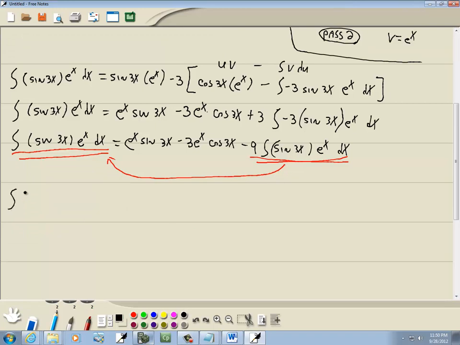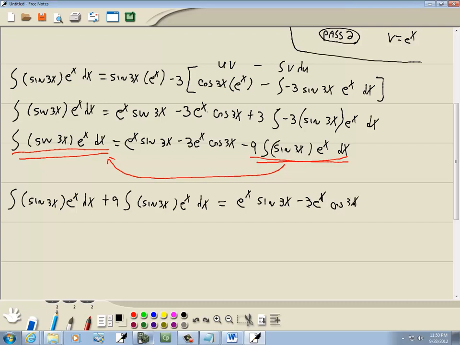So this becomes the integral of sine 3x e to the x dx. Negative 9 becomes a positive 9 integral of sine 3x e to the x dx equals, and then we're left with this over here. So we got e to the x sine 3x minus 3 e to the x cosine 3x.